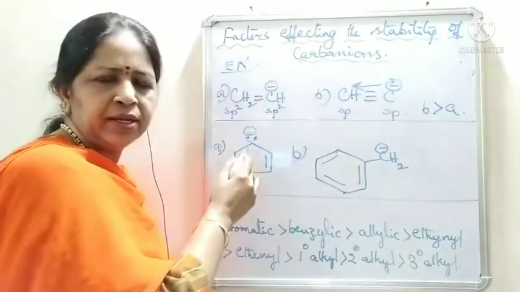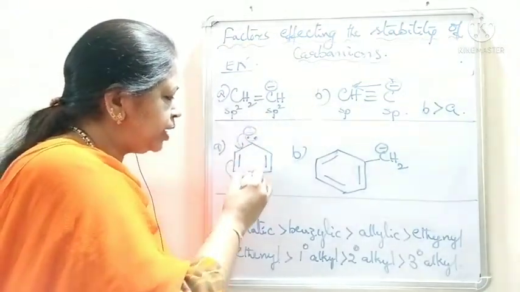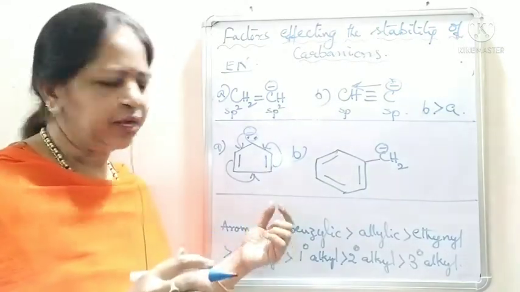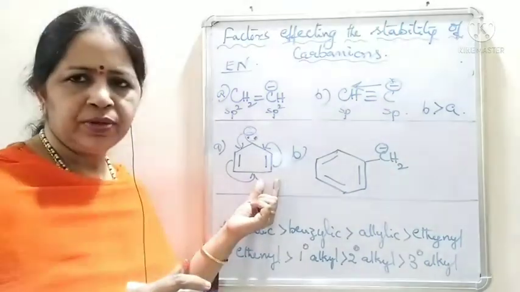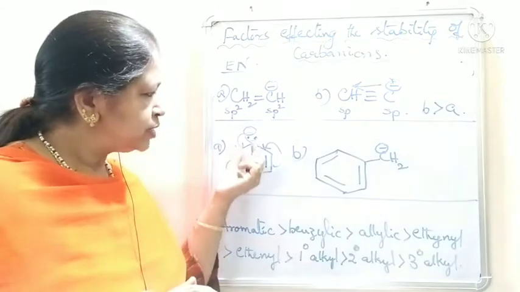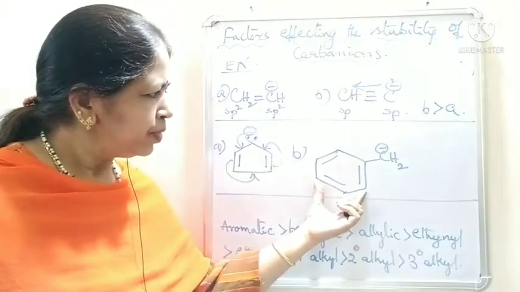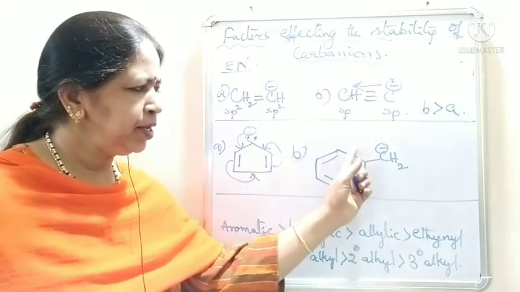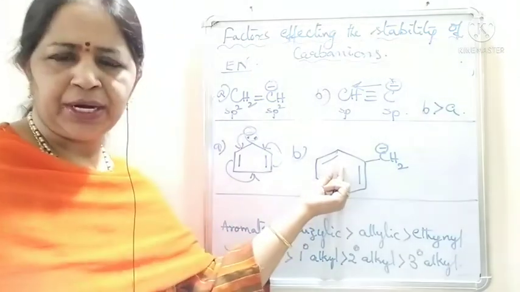Without this lone pair, there is no resonance possible for this structure. The lone pair is responsible for the aromaticity of structure A of this compound. Without the lone pair, it cannot behave like aromatic. This lone pair is causing the aromatic nature in this structure, but in B, the benzene ring itself is aromatic, and this CH2 group is not becoming the reason for the aromatic nature of the benzene ring.